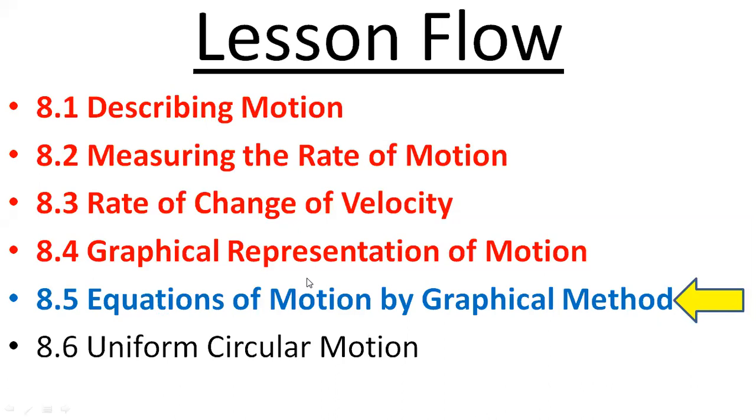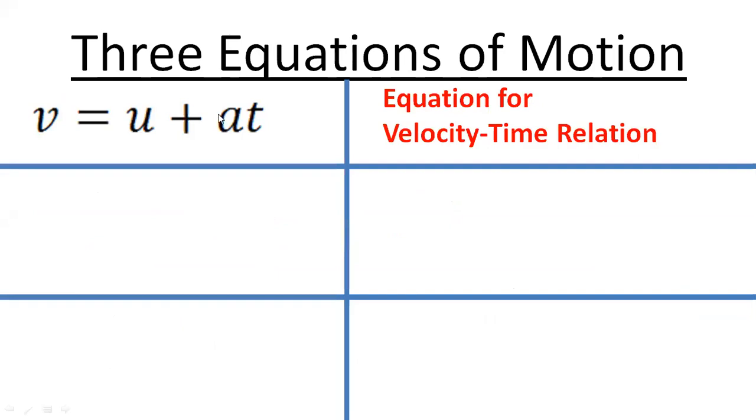So we will see first what kind of formulas those are, and then individually we will derive them. And what method will we use? We'll use the graphical method. Graphical method in the sense we'll use graphs for solving this particular equation derivation. So let us start. So what kind of 3 equations of motion are there? Now what is the meaning of 3 equations of motion? See, already we know what is motion.